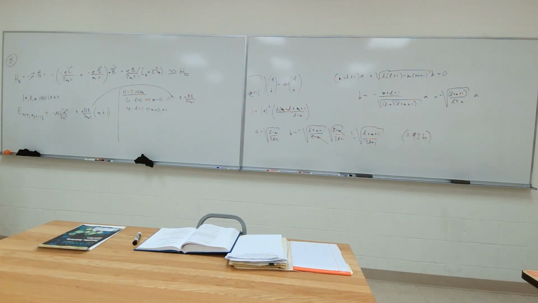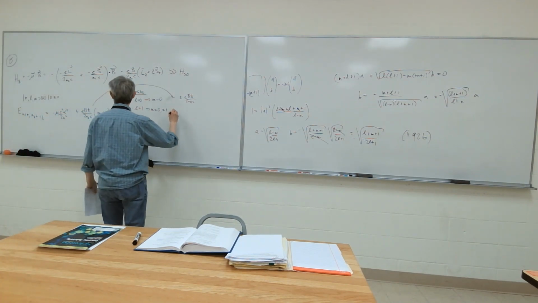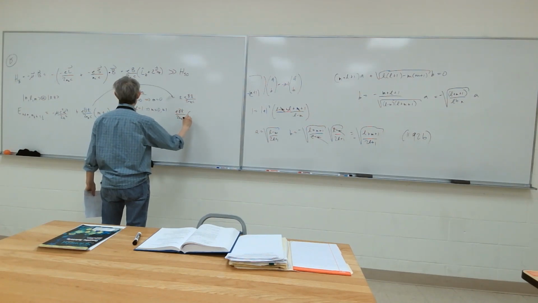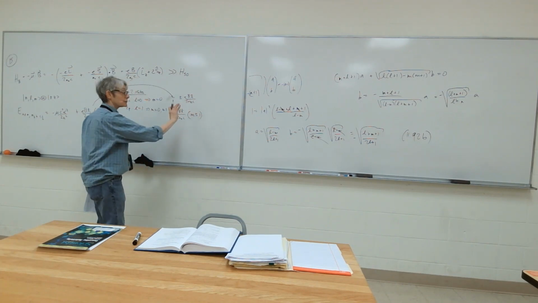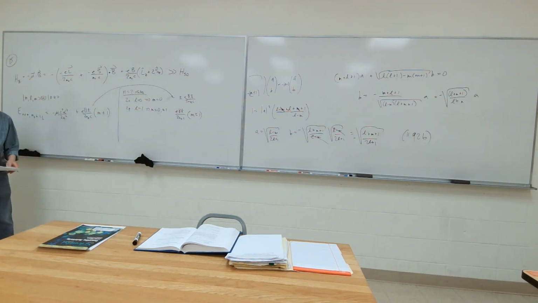But if M equals plus or minus 1, then notice you can possibly get complete cancellation here, right? So here the additional term is E B h-bar over 2 m_e c times (M plus or minus 1). And when M equals 1, this just goes away, which is actually kind of cool.